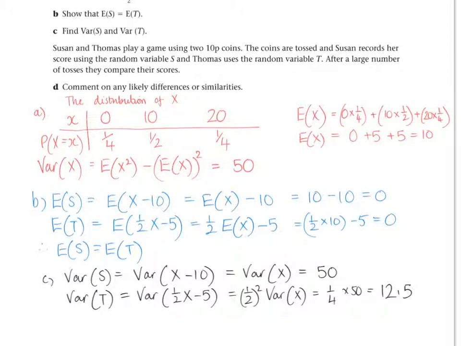Well, the total scores should both approximately equal 0. So we're looking at the expectation, so they're both going to come out with nothing if they're playing that game. And Susan's score should be more varied than Thomas's because the variance is 50. It's a large number, so that means the spread is bigger, and Thomas's is only 12.5.